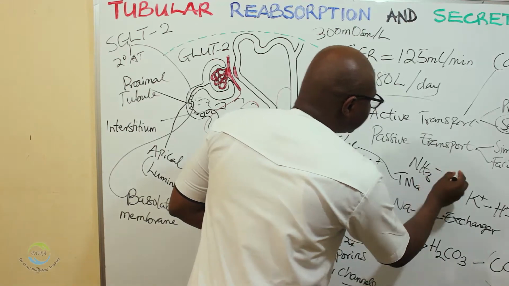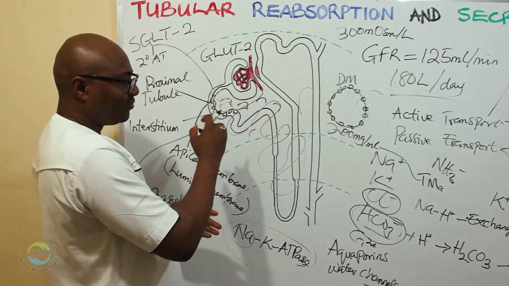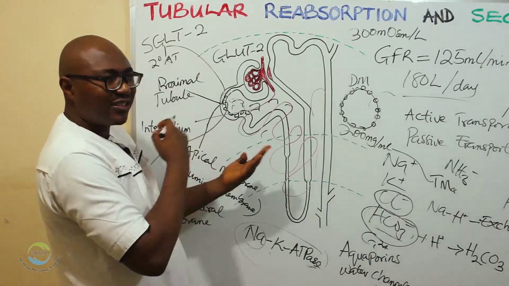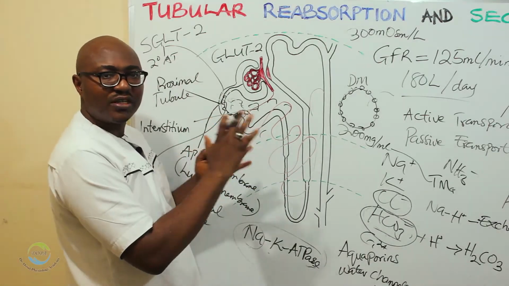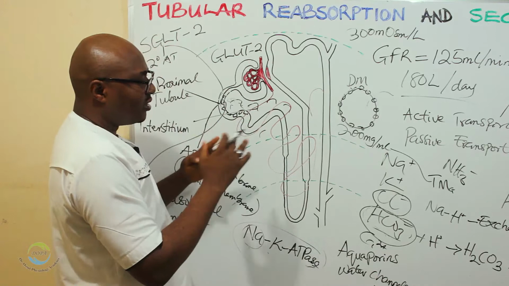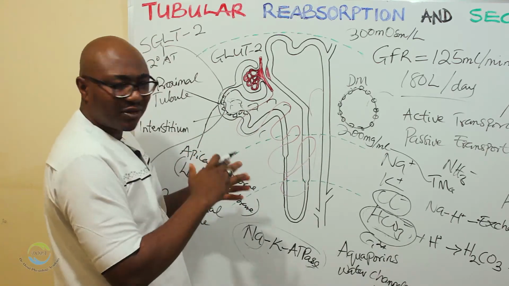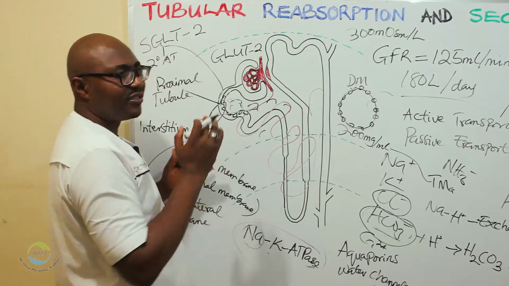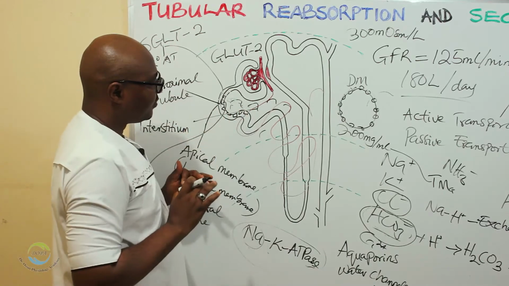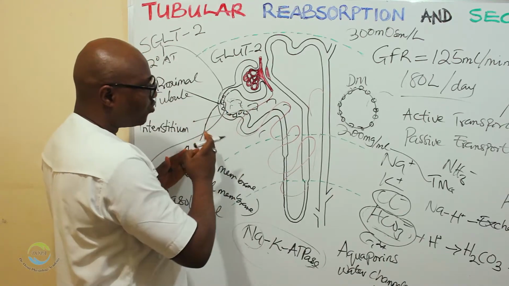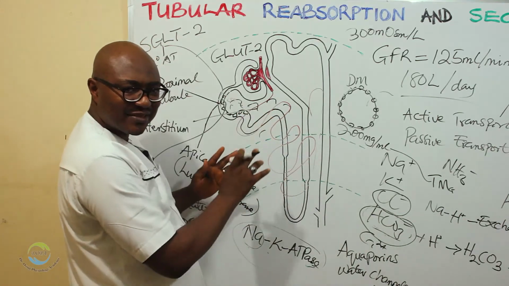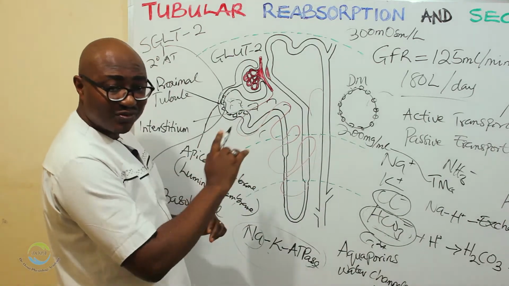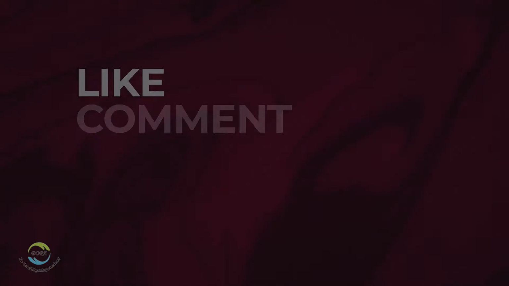Ammonia is secreted in the proximal tubule, but it exchanges with sodium. A lot of things use sodium for their transport. Then hydrogen, like we've mentioned, is secreted in this proximal tubule. So now we're going to move over to the loop of Henle. It's another special place. So we'll do that after this break.